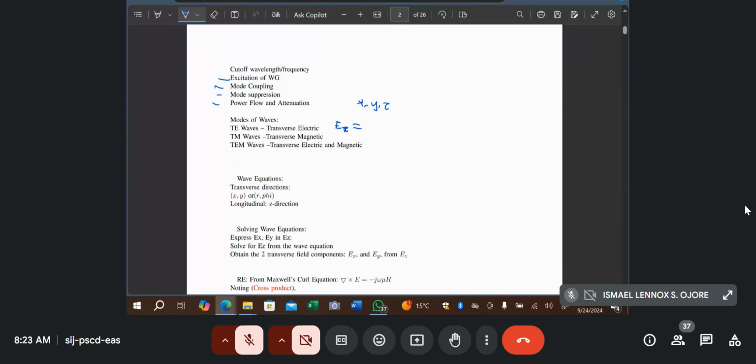It's equal to 0. Okay. And then when we talk about transverse magnetic, what is the value of Hz? So in the transverse electric, what is the value of Hz?